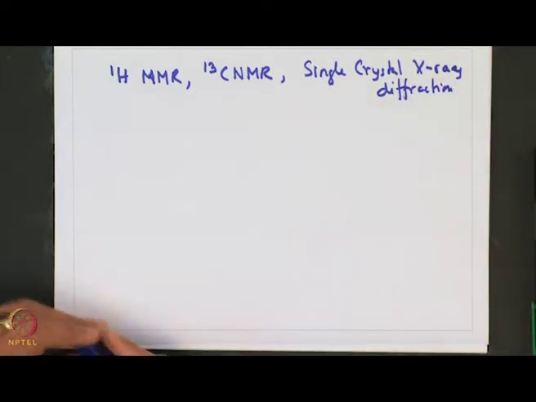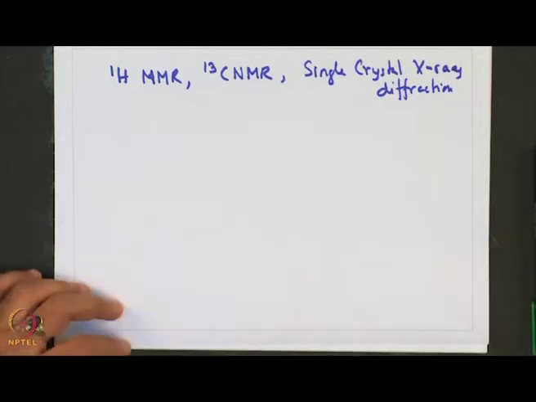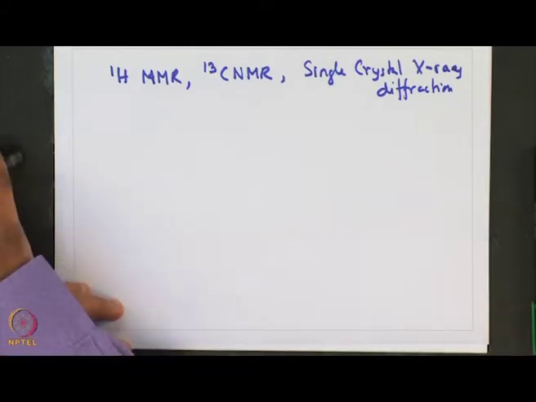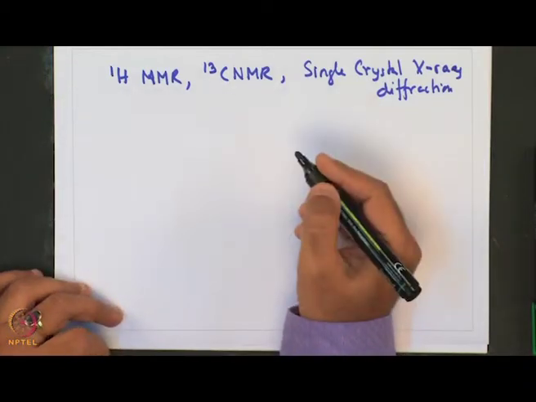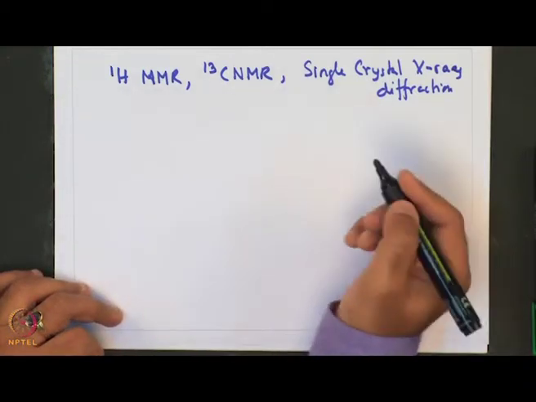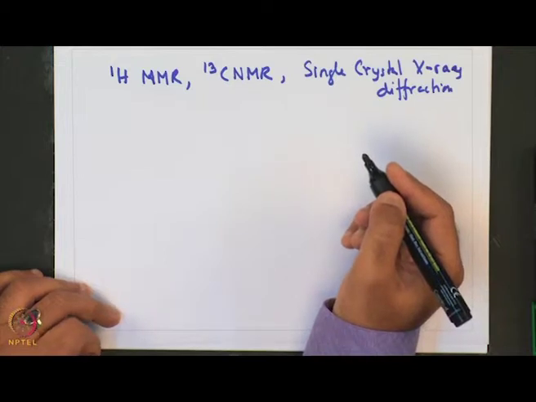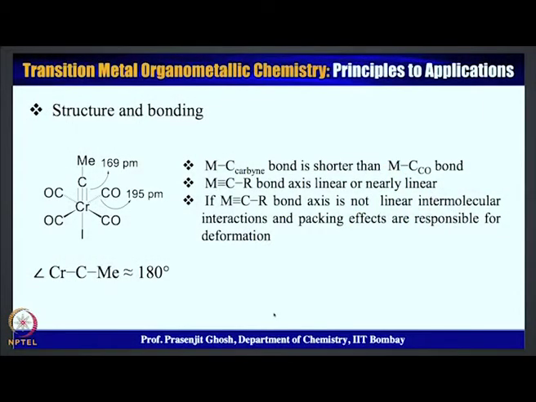As with most of the characterization methods, X-ray being extremely powerful, this has also been used successfully in structurally characterizing many such carbyne complexes to gain insight into the nature of bonding that exists between the metal and carbyne.